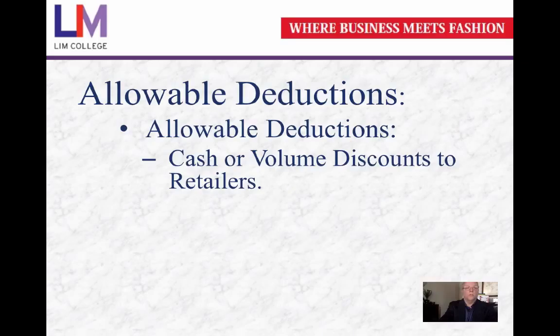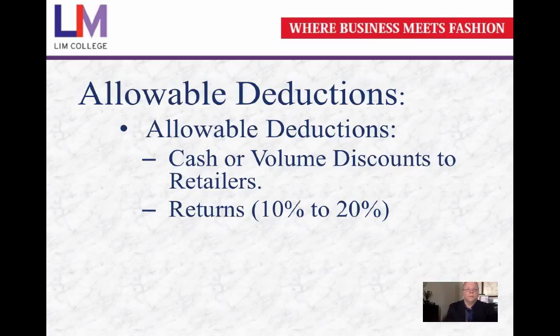Some other allowable deductions are cash or volume discounts to retailers, returns, and freight. So this is all calculated into the net. I mean, some products are returned. Typically, the industry standard is you're going to forecast about 10 to 20% returned.